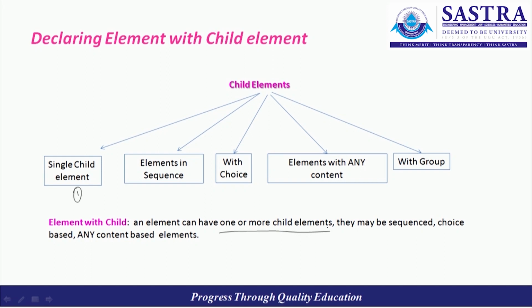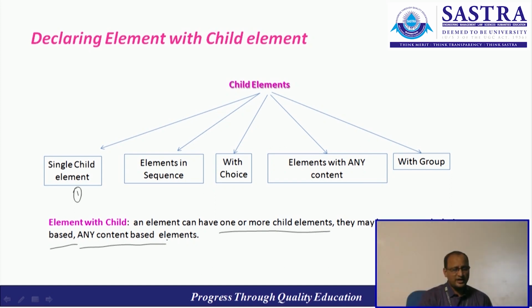They may be sequentially arranged, and it may be choice based elements or child elements with no restrictions. In the sense, any order and different kinds of elements: text based, content based, mixed content based, empty element. These are the patterns of child elements.